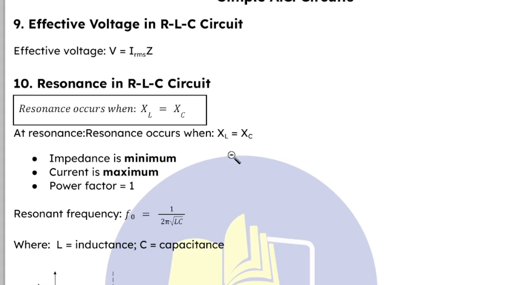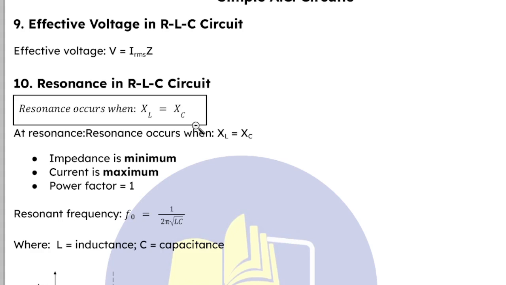And in an RLC circuit, where does resonance occur? Resonance occurs when the capacitive reactance equals the inductive reactance. That is XL equals XC.